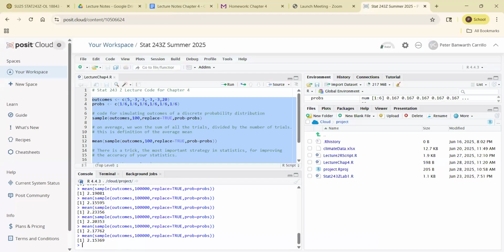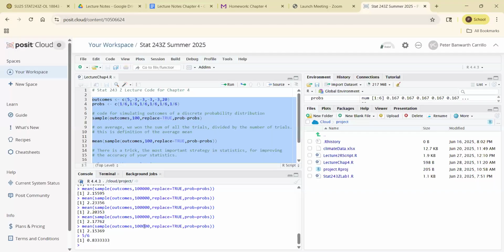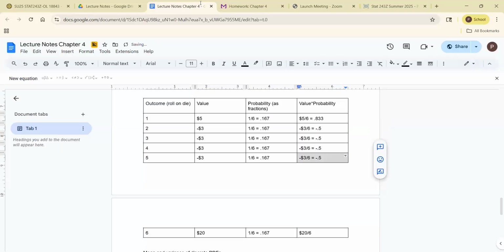What's 5/6? It's about 0.833. Negative 3/6 is negative 0.5. So that one at least was pretty easy. And 20/6 is 3.33.